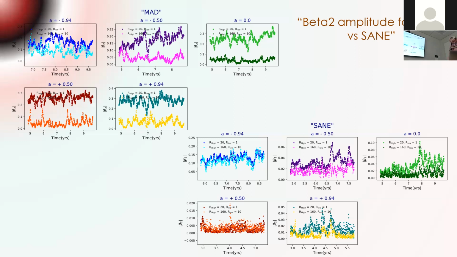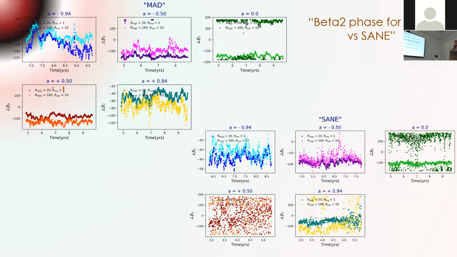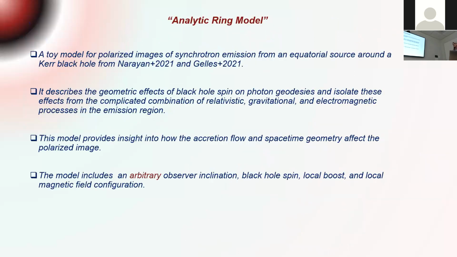And then here you can also consider the phase of beta_2. So that was entirely from the GRMHD simulation. I wanted to tell you how beta_2, in terms of amplitude and phase, because it's a complex number, would change as a function of time for different simulations of MAD versus SANE. Now let's go to the next step, which is the toy model. I told you that understanding what's going on completely numerically is very, very, very hard.